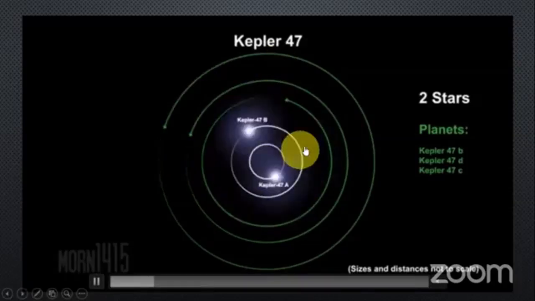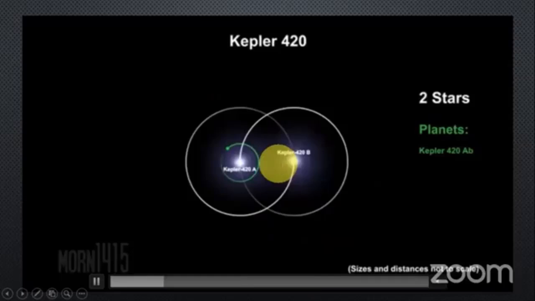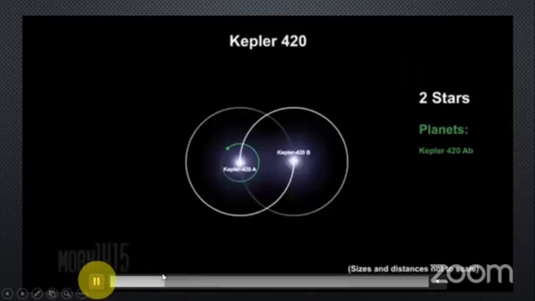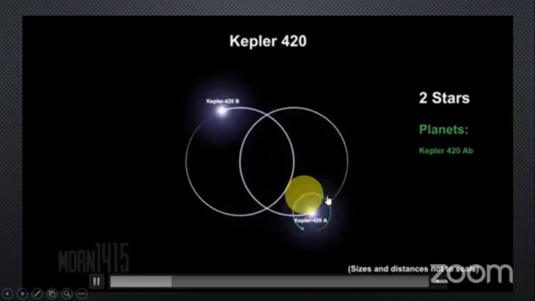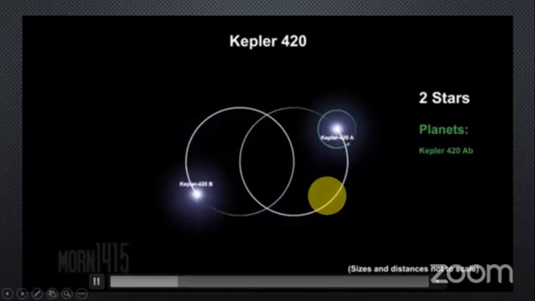So their planets are not perceiving them as 2 separate entities, but as the same entity that has the same center of mass. So here we have 2 double star systems, one with a planet that is trapped within its Roche lobe.